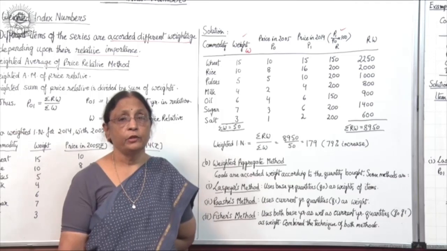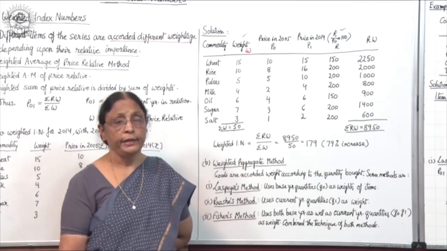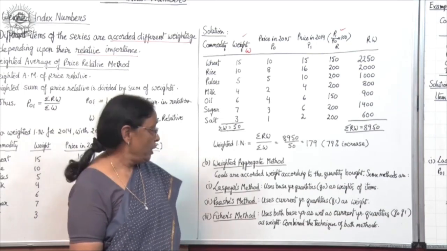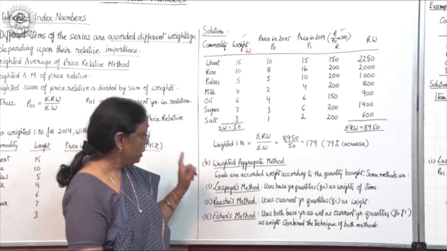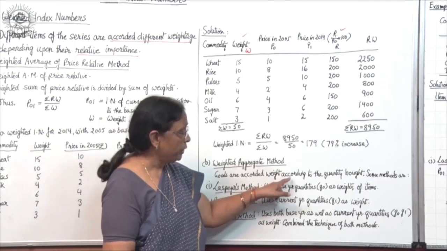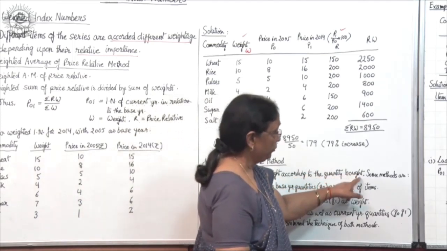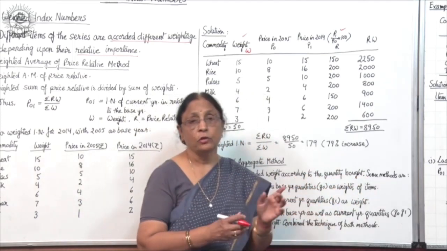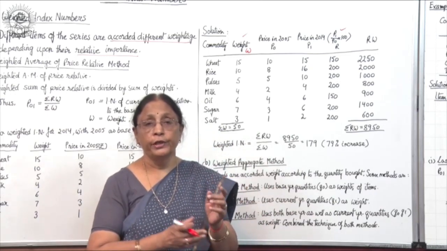This is the second method of weighted index numbers, the weighted aggregate method. Now in this method, goods are accorded weight according to the quantity bought, right? This is on the basis of quantity bought.